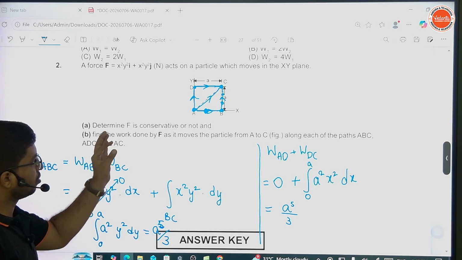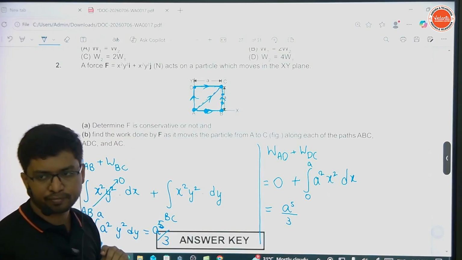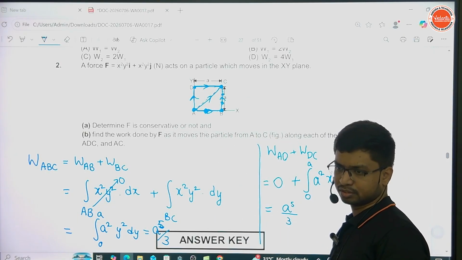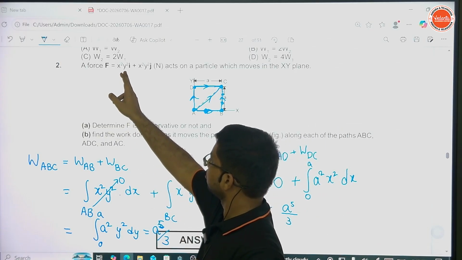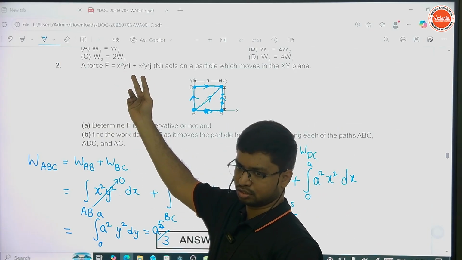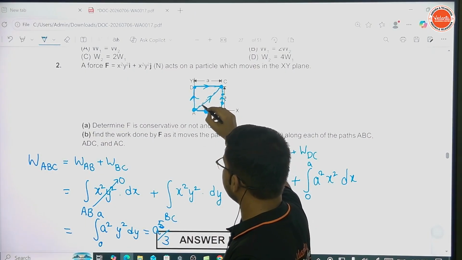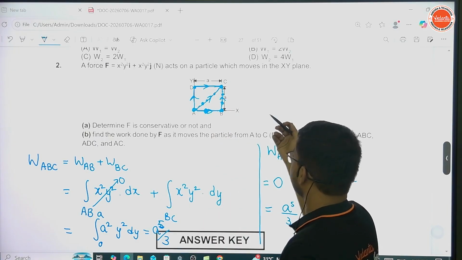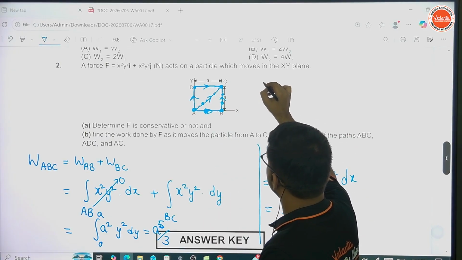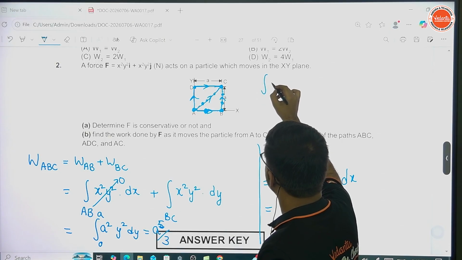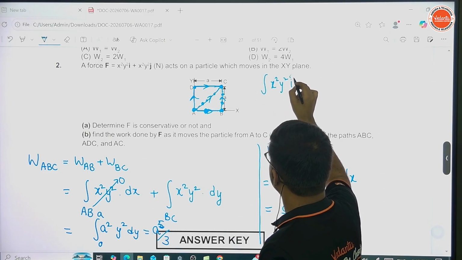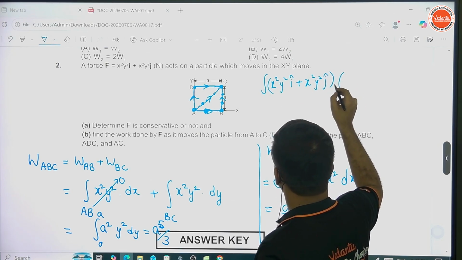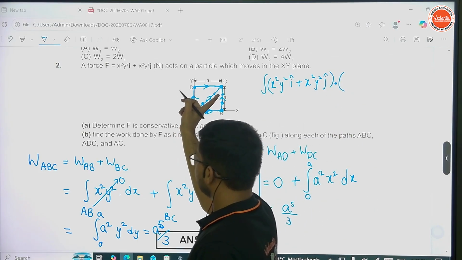Clear? Then now look from point A to C, right? From point A to C, I think your force is also in the same direction. Just observe here, both your i cap and j cap components are equal, which means at any point over here, your force is along the displacement direction only, right? So directly you can write that it is the integral of x square y square i cap plus x square y square j cap, and what is the small displacement vector in this direction?